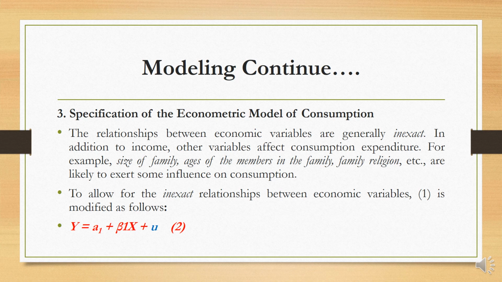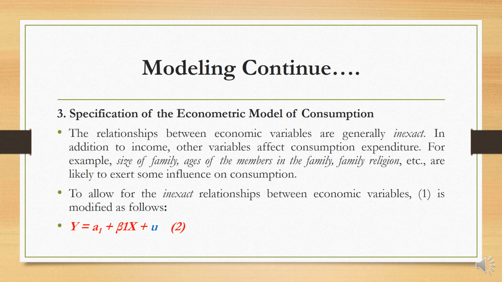To allow for an inexact relationship between economic variables, in model 1 we modify it as follows: y is equal to alpha 1 plus beta 1 x plus mu. Here we add to the previous mathematical model mu, that is the error term.